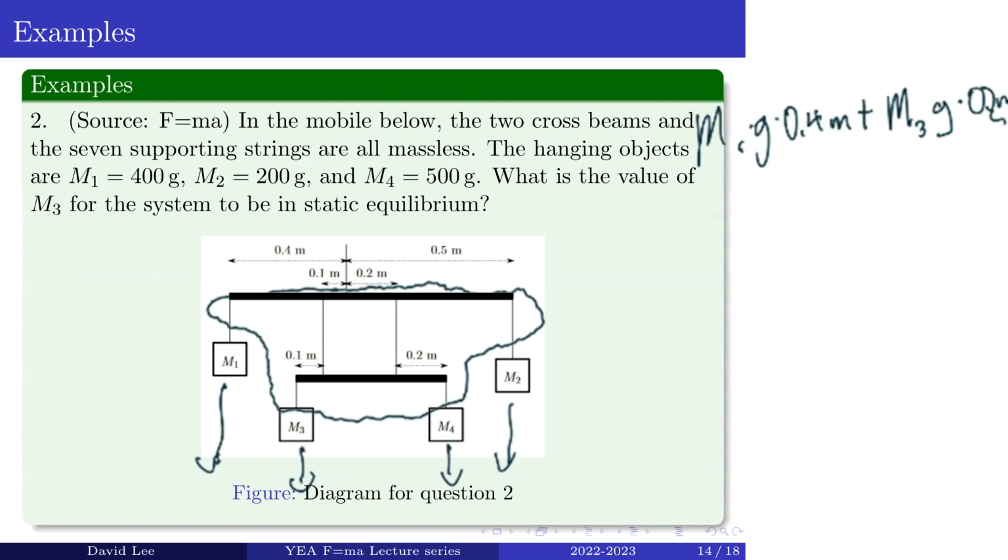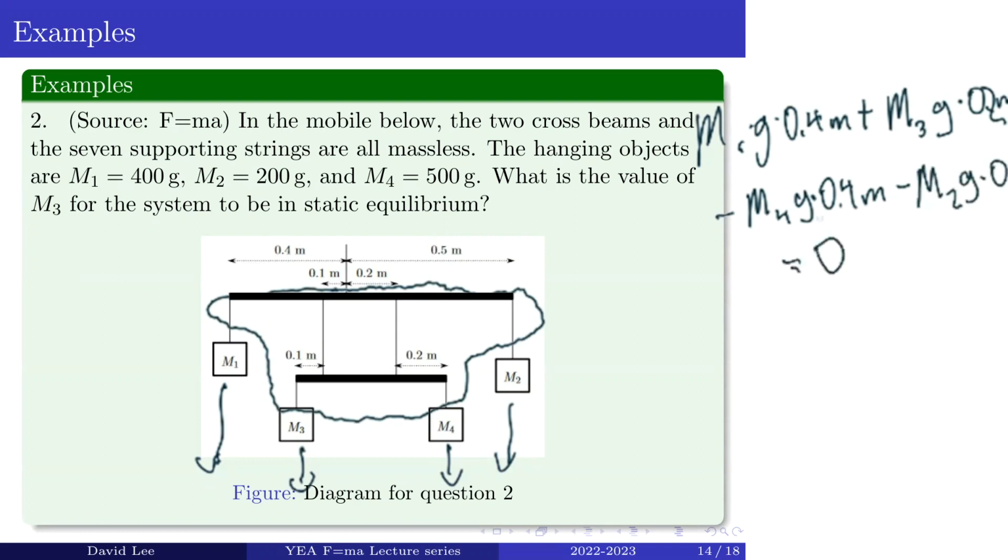And then there's the torque from M4, which is 0.4 meters away, but it's on the other side, so that's negative. And there's also the torque from M2, which is 0.5 meters away.